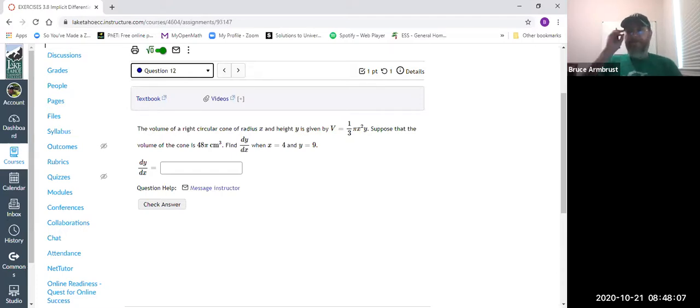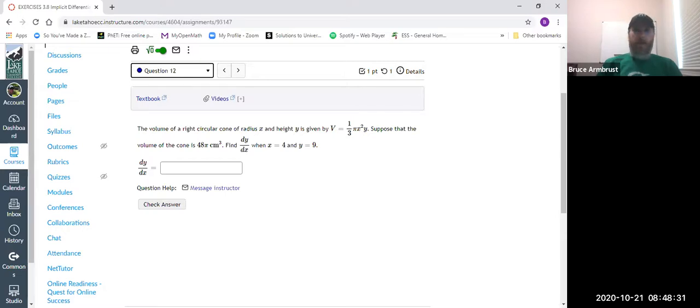Whew. Okay. Before we dive into this, let's just talk about what's going on and what all the different things are. So again, since x is the radius and y is the height, dy/dx is looking at how the height changes as the radius changes.